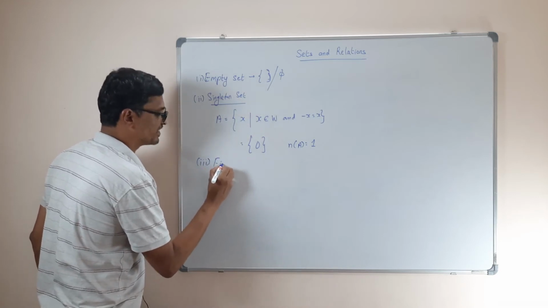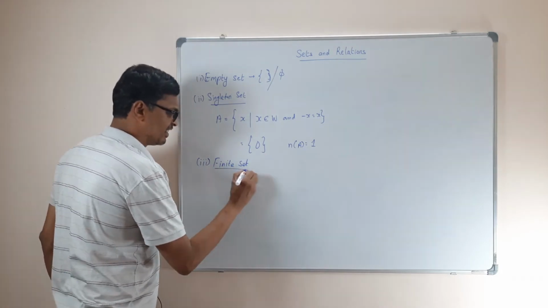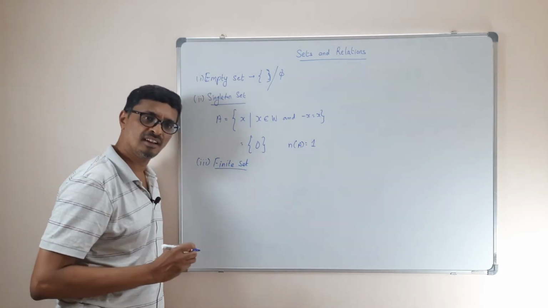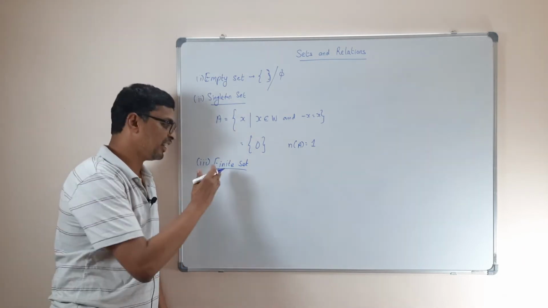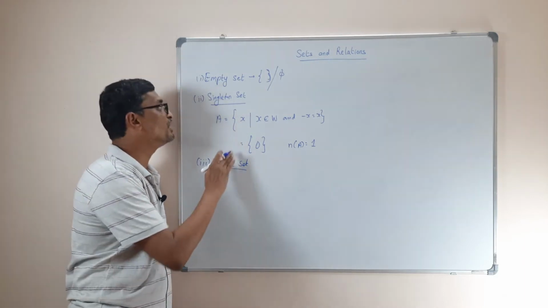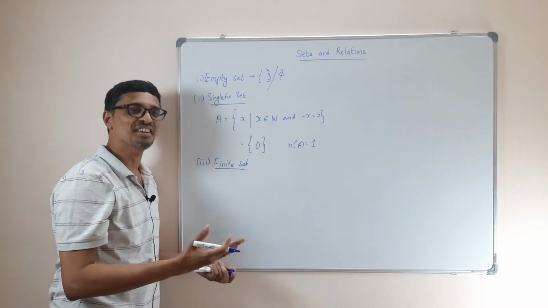Can you tell what a finite set is? The next one is the finite set. Finite number, that's it. Okay, is 0 a finite number? Yes. Is 1 a finite number? Yes. So in a finite set, even your empty set and singleton set are also finite sets.